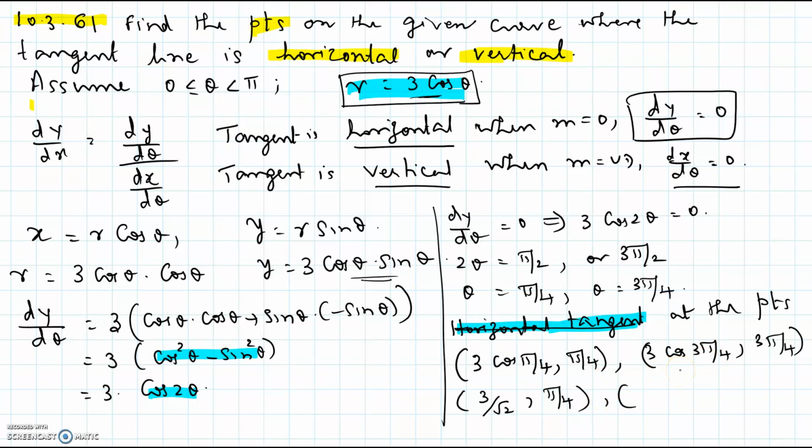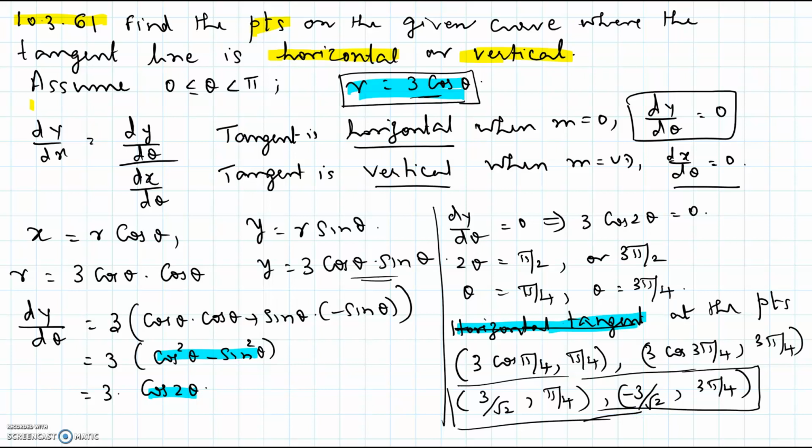Cosine of 3 pi by 4 is negative 1 over radical 2, so it's negative 3 over radical 2, comma 3 pi by 4. So this gives us the points at which you have horizontal tangents.